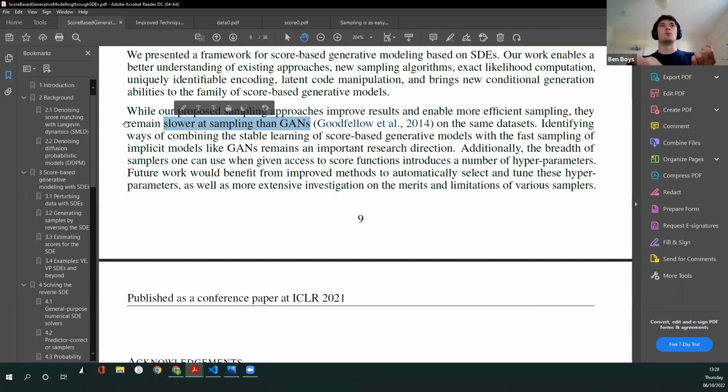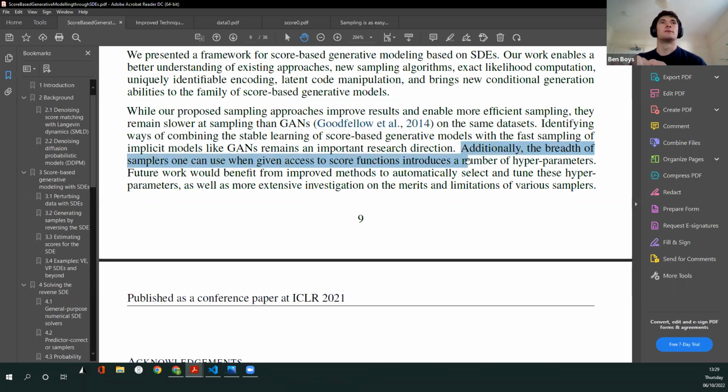So maybe that's why they are slower at sampling than GANs on the same data sets. And identifying ways of combining the stable learning of score-based generative models with fast sampling of implicit models like GANs remains an important research direction. So I think the implicit model point is saying that you can do it in 1 time step, and it's faster to sample that way.